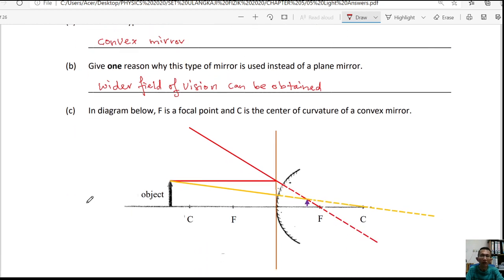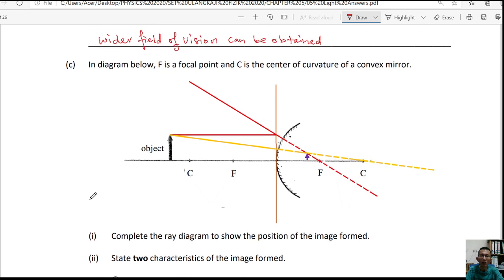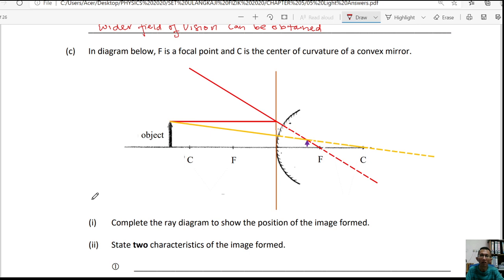So in the diagram below, F is the focal point and C is the center of curvature of a convex mirror. Complete the ray diagram to show the position of the image formed. First I draw a line parallel to my principal axis. And then I draw my pole, because normally we don't draw it straight until it hits the mirror.